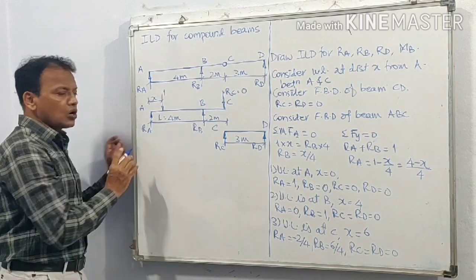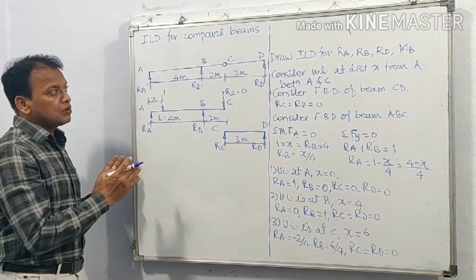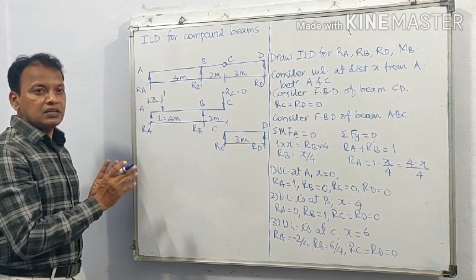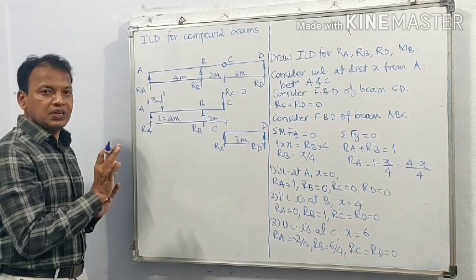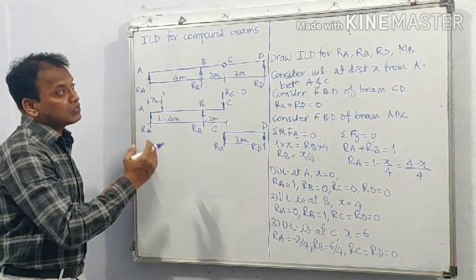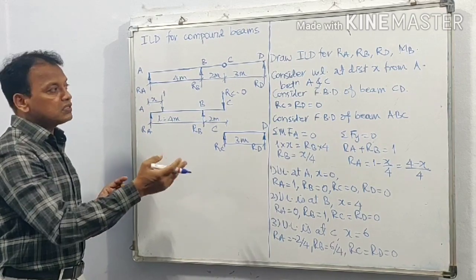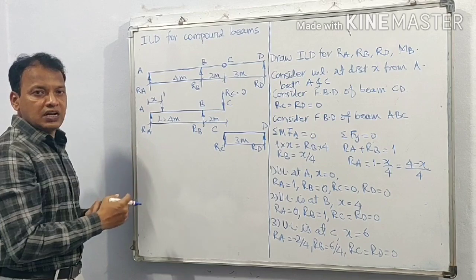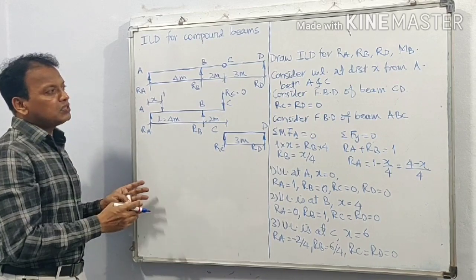So let us draw influence line diagrams for RA, RB and RD when unit load is moving from A to C only, and for C to D, after making calculations, let us complete the influence line diagram. Why am I doing this?